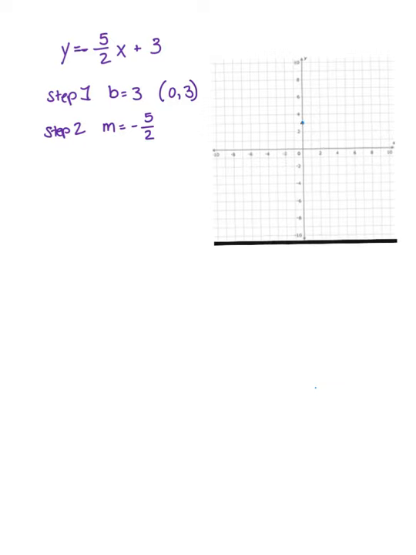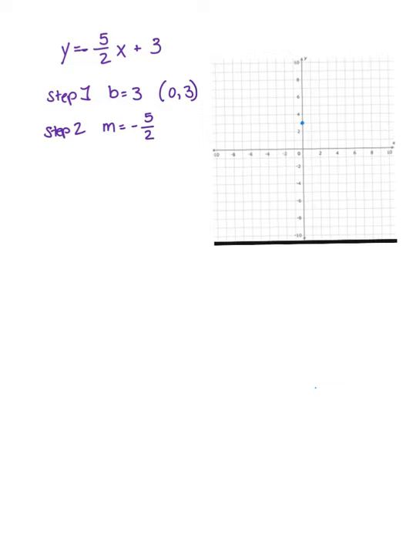Okay, there's my first point. That's my y-intercept. Now I'm going to plot my slope, which is negative 5 over 2. So I'm going to start at my point. I'm going to start at my y-intercept. I'm not starting at 0. And I'm going to count down 5 and right 2.